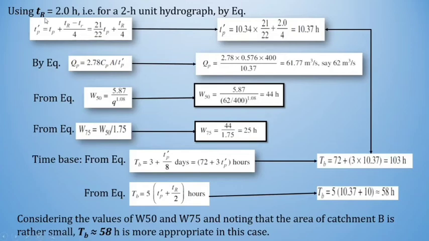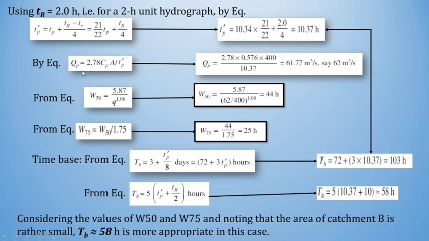Then using TR equal to 2 hours, that is for a 2-hour unit hydrograph, by the equation T'p is equal to Tp plus (TR minus Tr) by 4, which is 21 by 22 Tp plus TR upon 4, you can put in the values and estimate the modified basin lag for catchment B. It will come out as 10.37 hours.